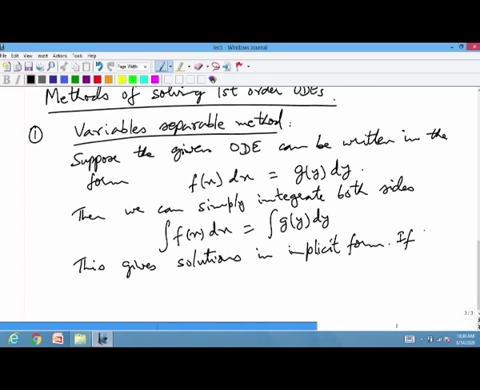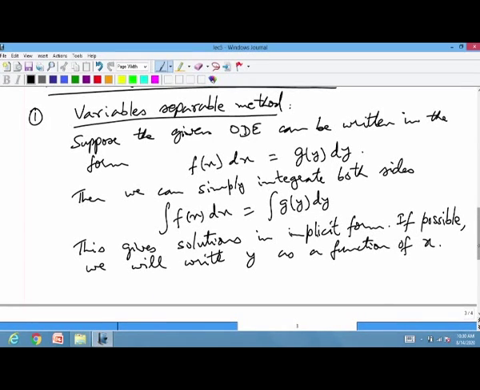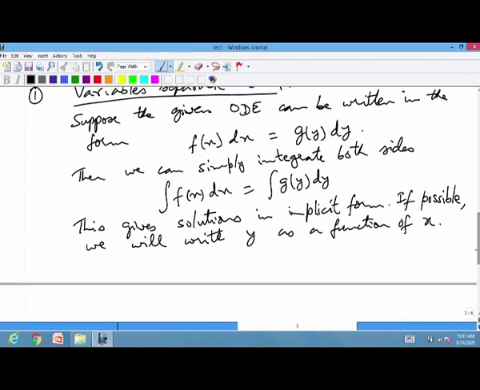If possible, we will write y as a function of x. So, this is the first method where you can separate the x and y variables like this.